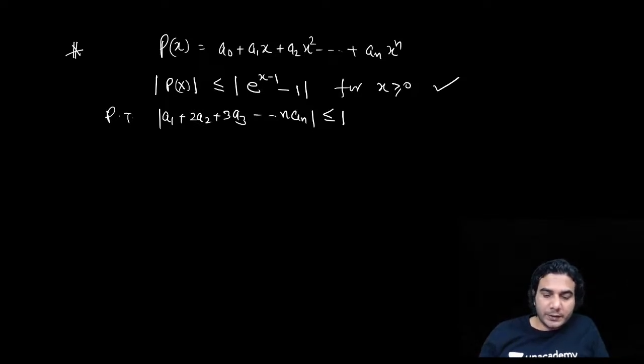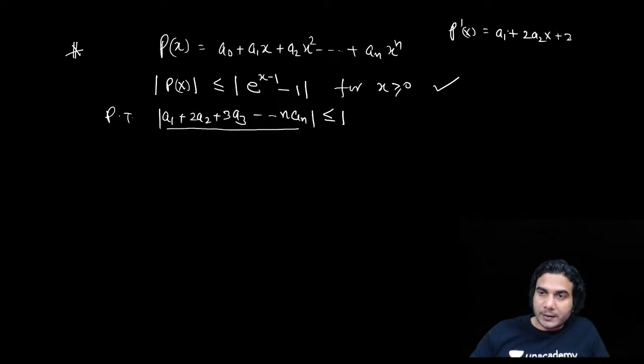All right, then let's do it. First of all, you need to figure out what this is. If you differentiate p(x), p dash x is going to be a1 plus 2a2x plus 3a3 x square, and so on, and n an x raised to n minus 1.